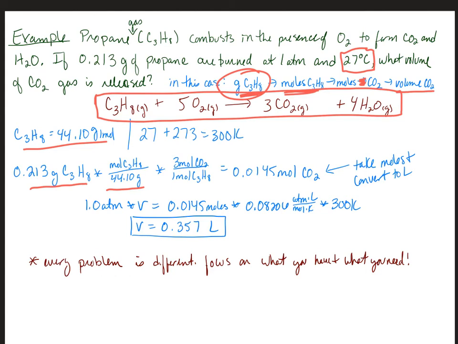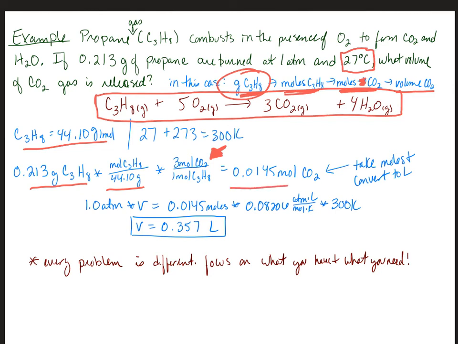And then I still use my balanced equation to determine how many moles of CO2 I have. This is a very important step, guys. You need to make sure that you're in the moles of the right thing before you go and calculate anything else. So make sure that you've actually gotten to CO2 before you convert that to a volume of CO2. Because otherwise you're finding the volume of the thing you started with, not the thing you end with, right?